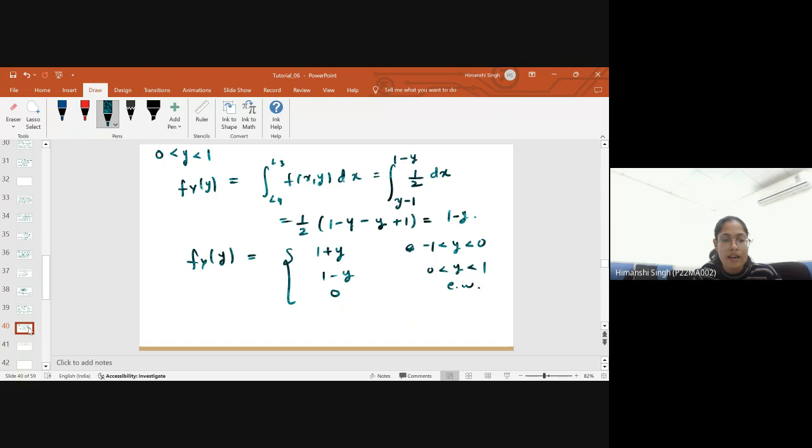Now if I want to find out the marginal for x, then also I need to integrate fxy, over dy. So basically I have made a mistake here actually.